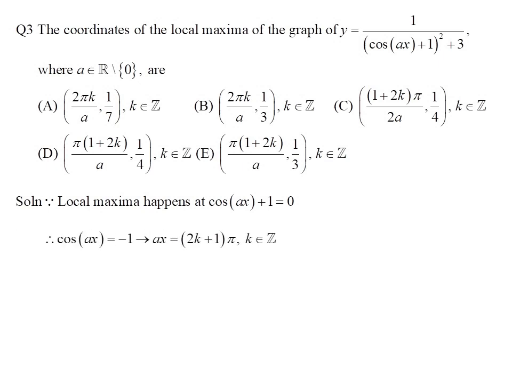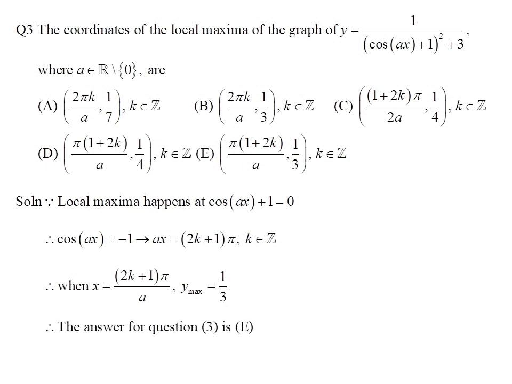Because cosine of ax equals negative 1, it follows that ax equals 2k plus 1, in parentheses, times pi, where k is an integer. Hence, when x equals 2k plus 1, in parentheses, multiplied by pi over a, the local maximum y equals 1/3. Therefore, the answer for question 3 is E.